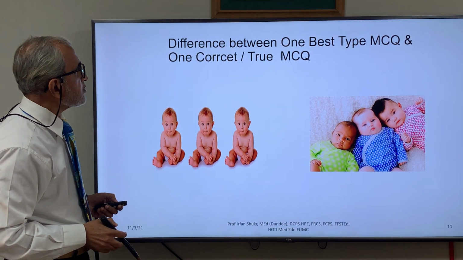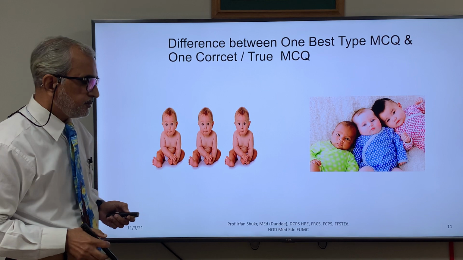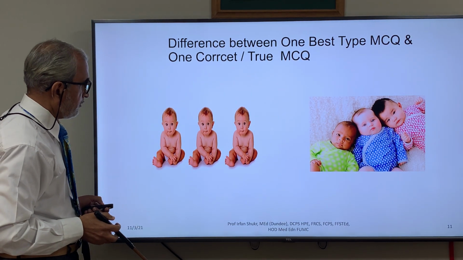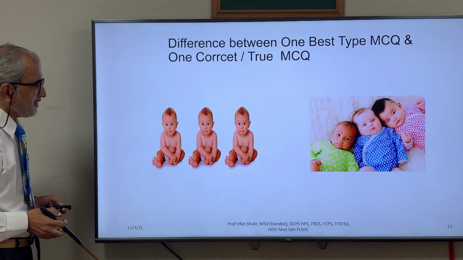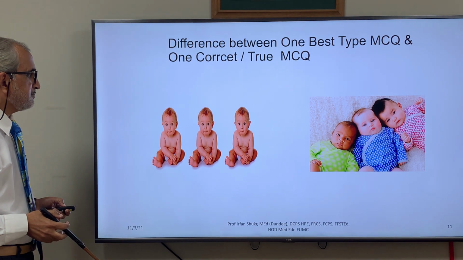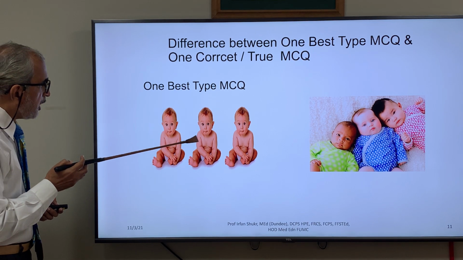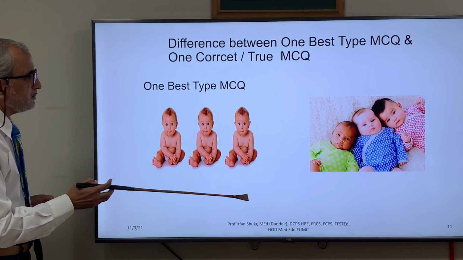Now we talk about the difference between one best type MCQ and one correct true MCQs. These pictures are going to give you an idea. This is one best type MCQ.